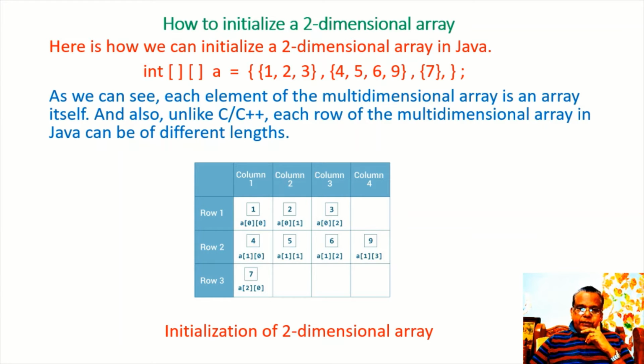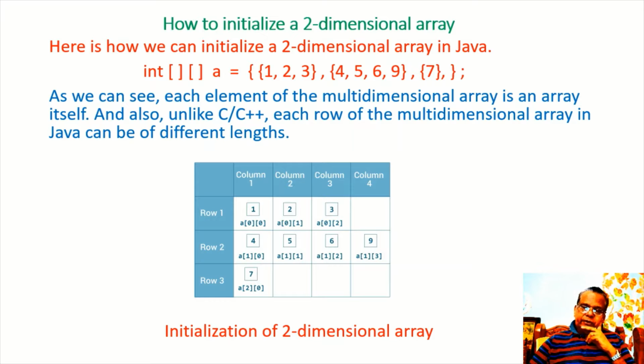Now, as you can see, each element of the multidimensional array is an array itself. And also, unlike C/C++, each row of the multidimensional array in Java can be of different length.